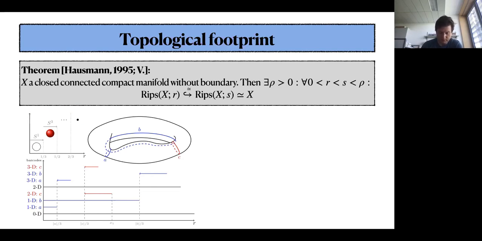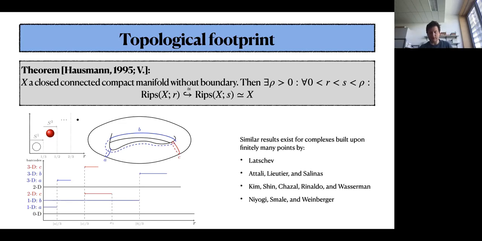What the topological footprint tells us at this stage is that if you take small r, we just detect the homology of a torus. We get one component, two holes, and one two-dimensional hole. This is all pretty standard stuff. There are many generalizations by Lachowski and others where various results with discretizations are proved, but all of them go along the same lines.